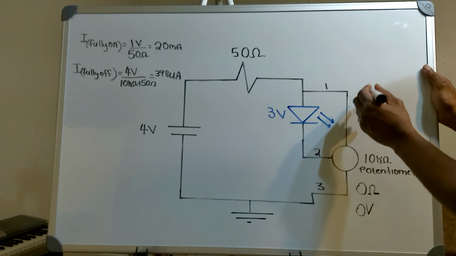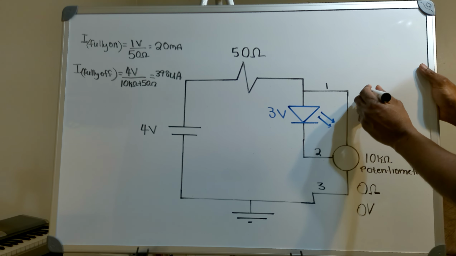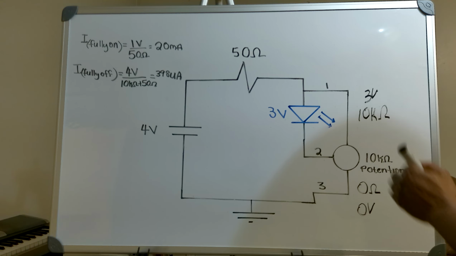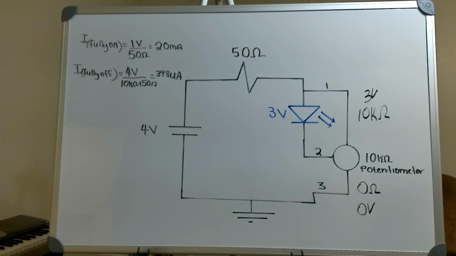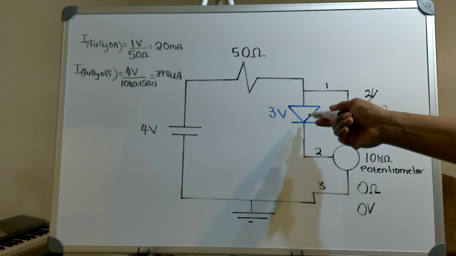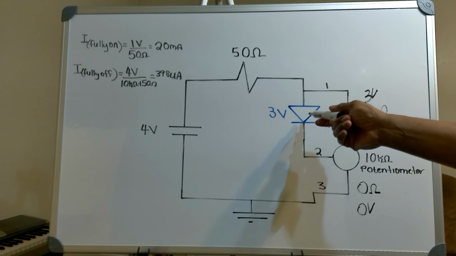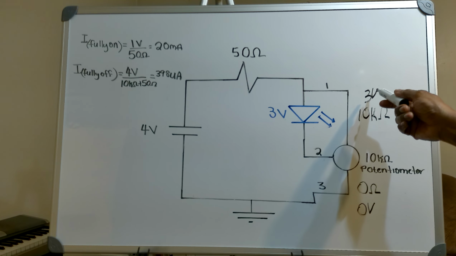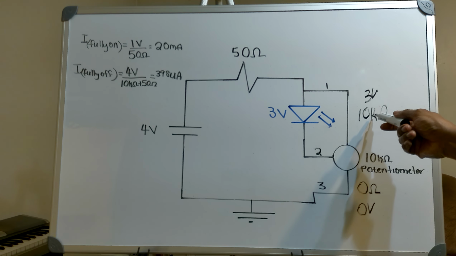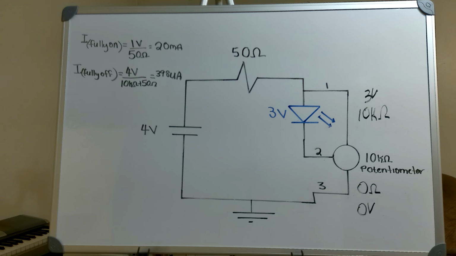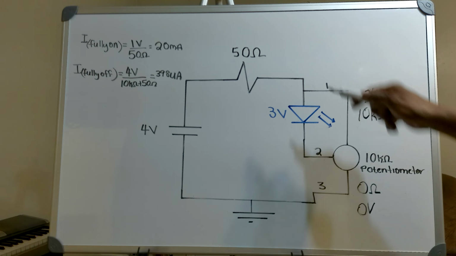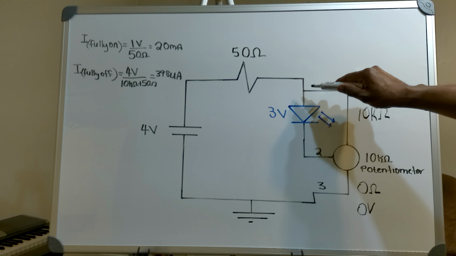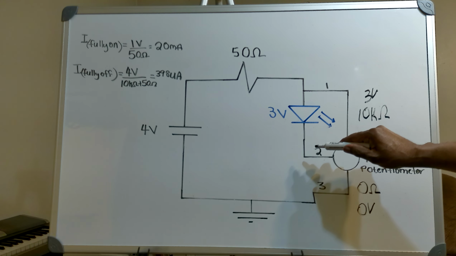Now, I also have 3 volts across my 10K ohm because my LED now has a voltage of 3 volts and it's in parallel with my 10K ohm. So now most of my current is now flowing down through my LED.